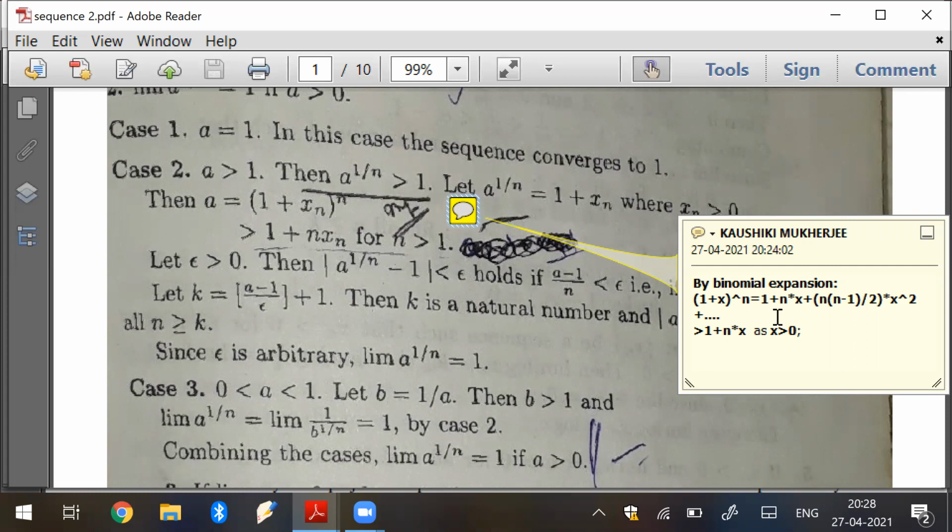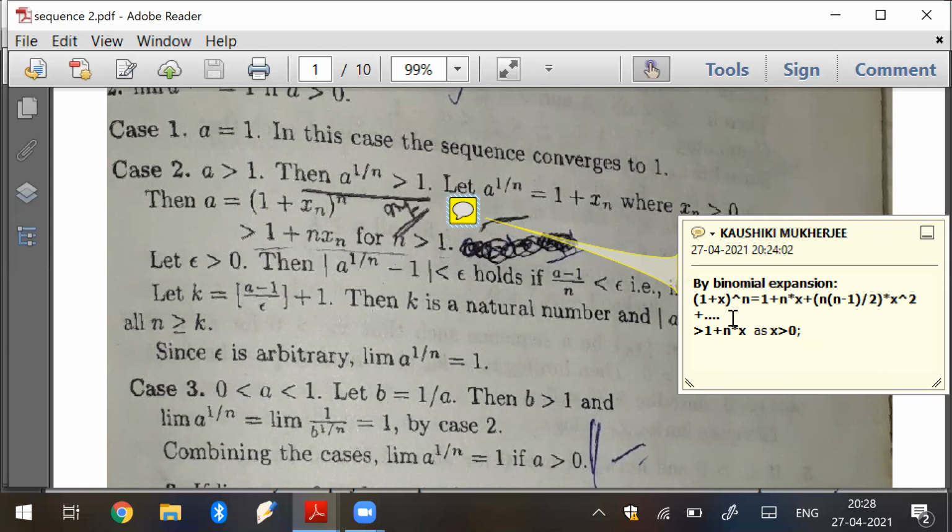So obviously x is positive. Here I have written x, meaning I am trying to denote it as xn. As xn is positive, all these terms are positive. So if I now consider only the first two terms, 1 and nx, that is 1 plus nx, that is definitely lesser than the whole expansion, which is 1 plus x to the power of n.